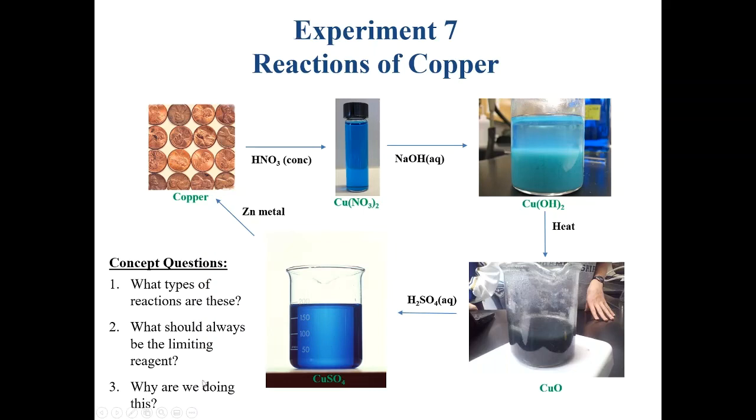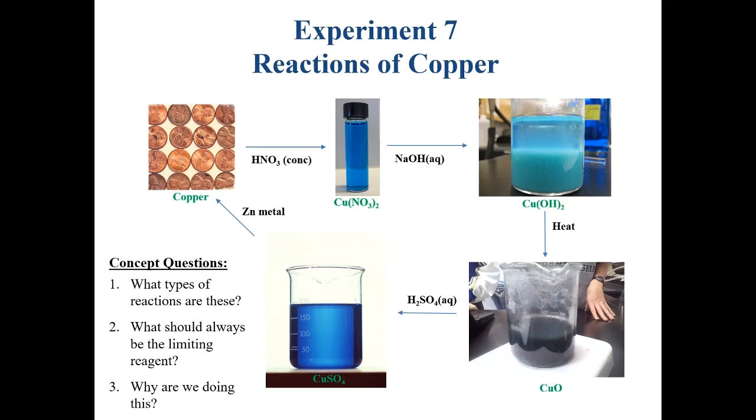Another important question is, why are we doing this? Why are we taking copper, doing all these reactions, and then coming back around to copper? One reason is so that you can see a variety of different reactions as we take copper through a variety of different steps. But more importantly, you can think of a few different applications. In the real world, pennies have copper in them.